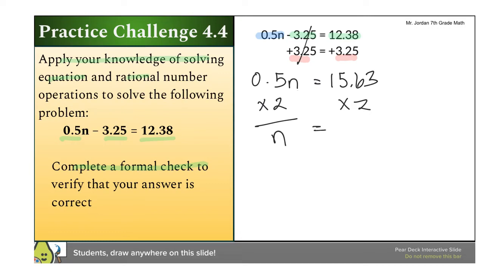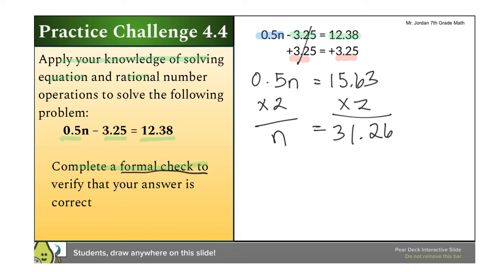And I find it much easier to multiply this by 2 than divide it by 0.5. So because it's easier, I have n on this side, and then that gets me 31.26. Now I still have to do a formal check.